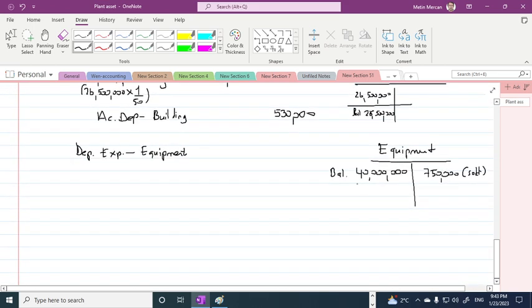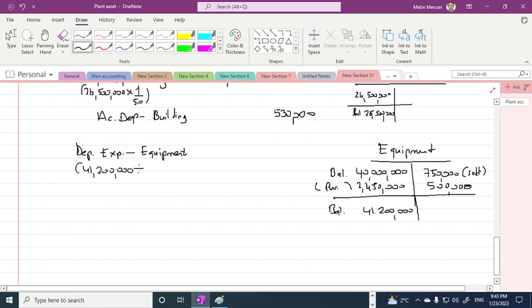So equipment $2,450,000 is purchased, and $500,000 of value of equipment was disposed of or retired. Maybe machines, I don't know. Maybe these machines are all. So the balance is $41,200,000. So $41,200,000 equipment we have. So equipment is depreciated over 10 years, right?